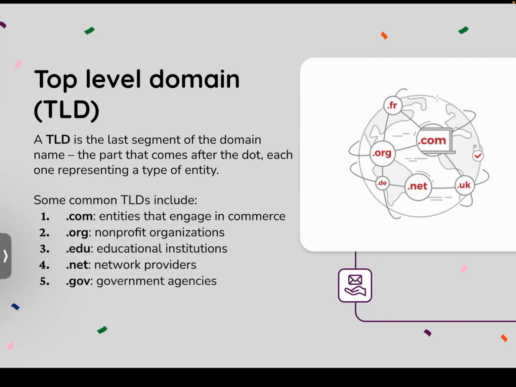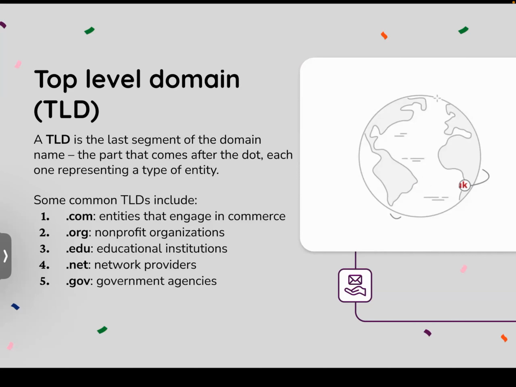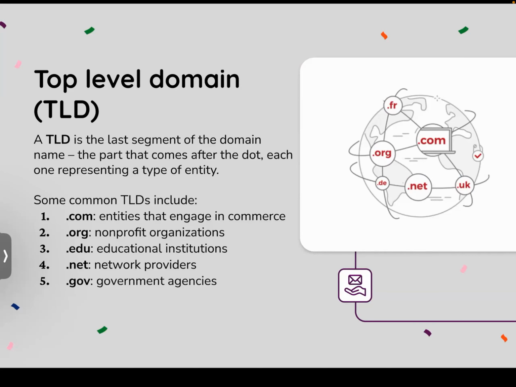.edu is used for educational institutions. So when I was in school or college, I had a .edu email address. .net is for network providers. So if you think of Comcast.net, that's one website that uses .net. The last but not least is .gov, which is used by government agencies.